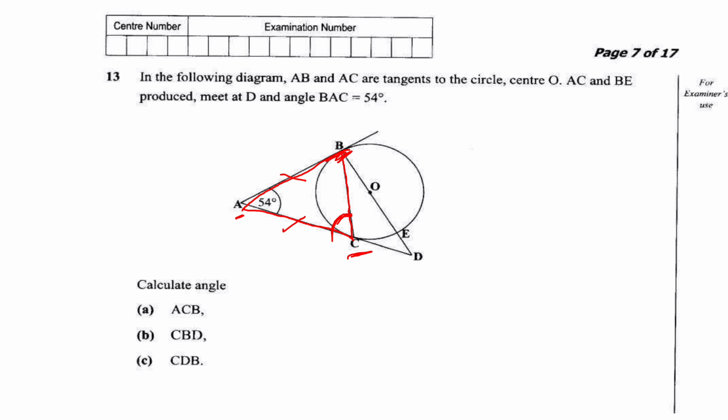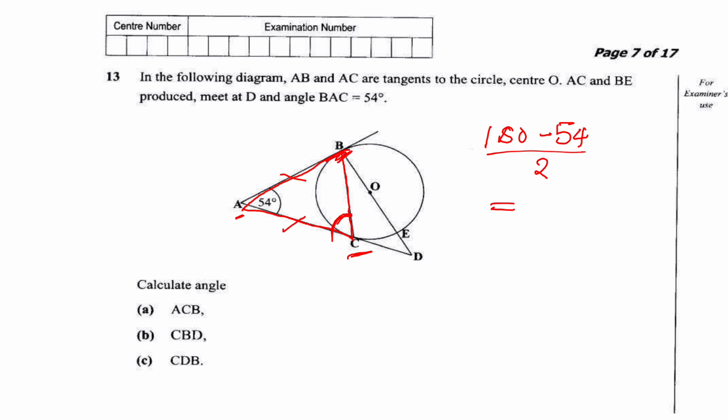So if you have this as an isosceles triangle, then we utilize the property where we say 180 minus 54, and then divide by 2.